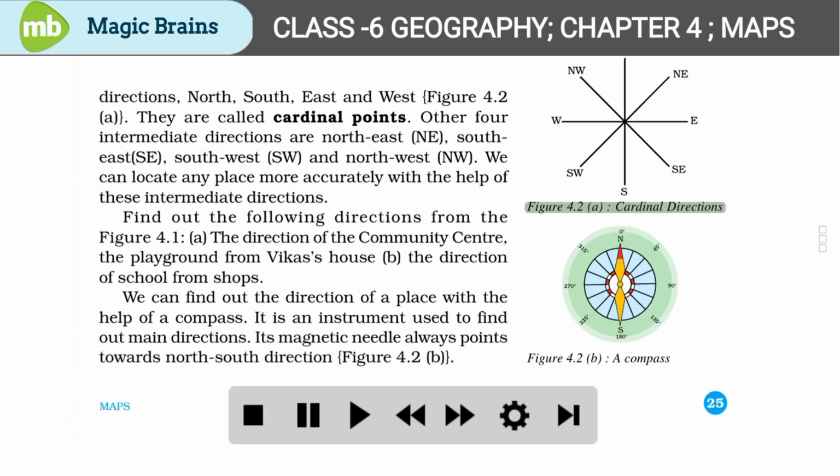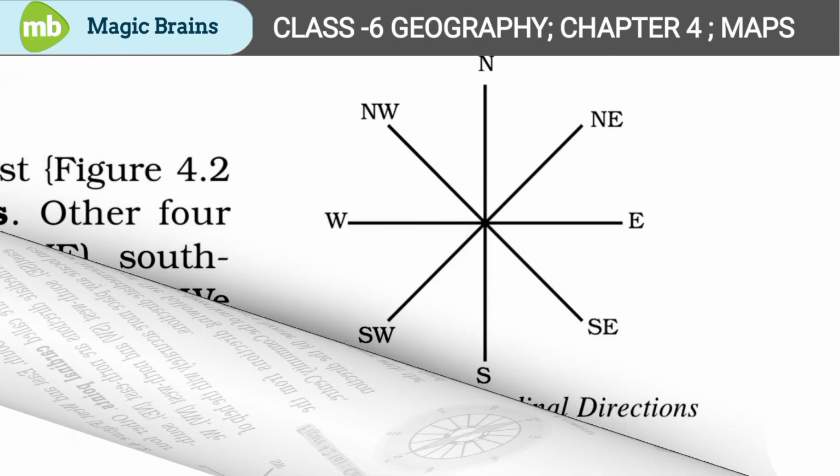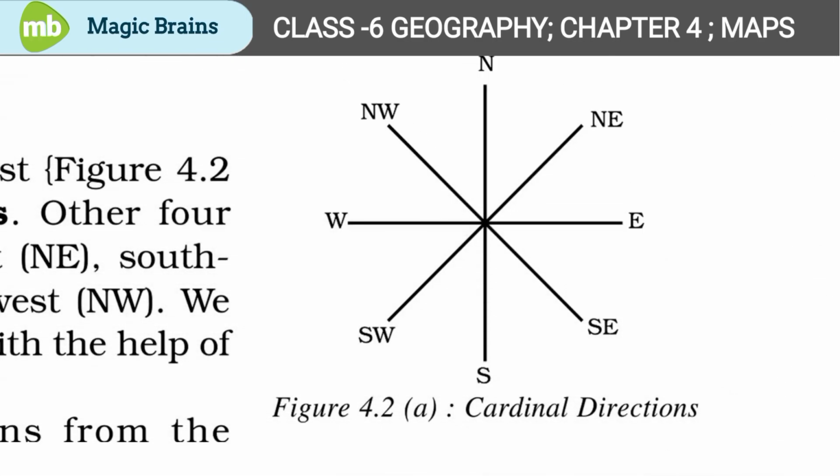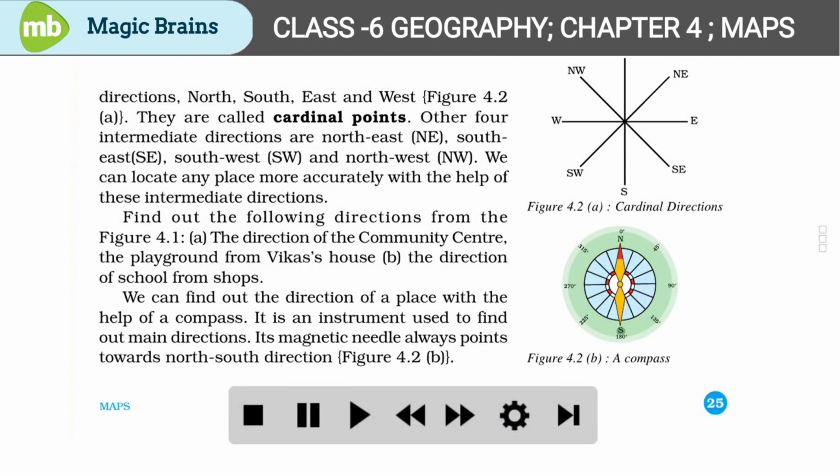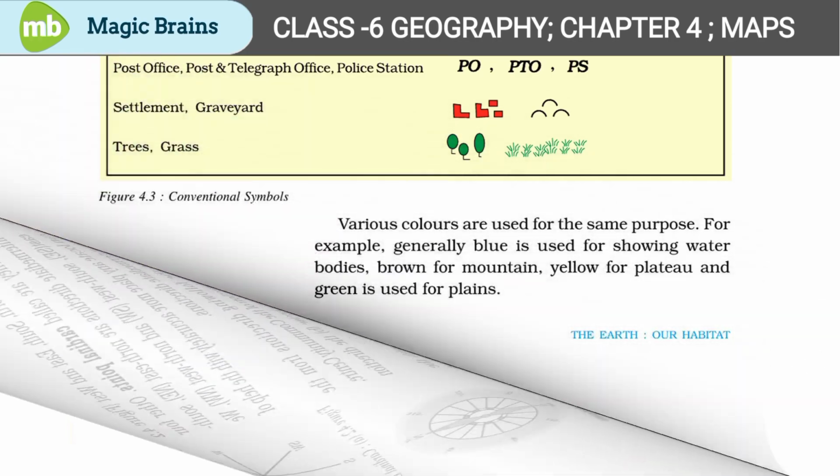Figure 4.2a shows cardinal directions, wherein the sides are marked as north, south, northeast, east, southeast, southwest, west, northwest. Figure 4.2b shows a compass.